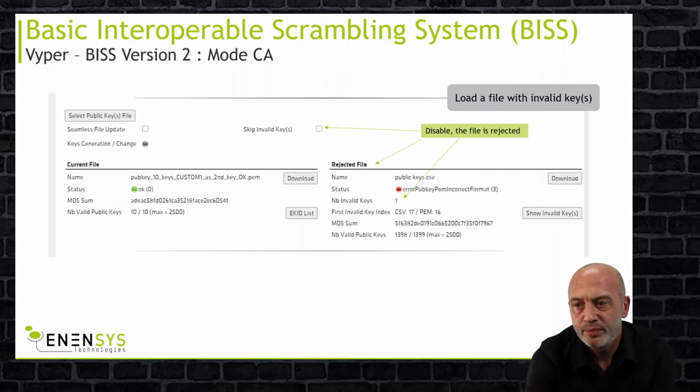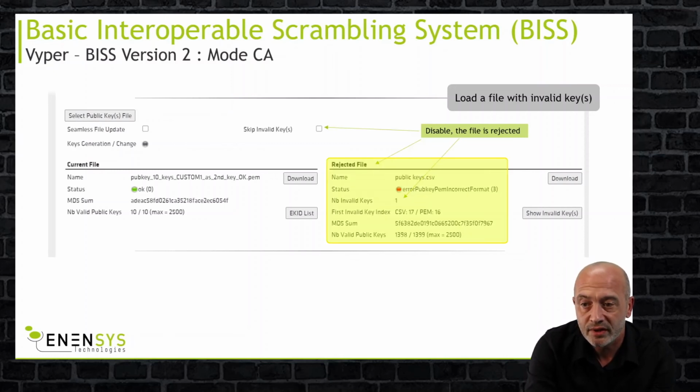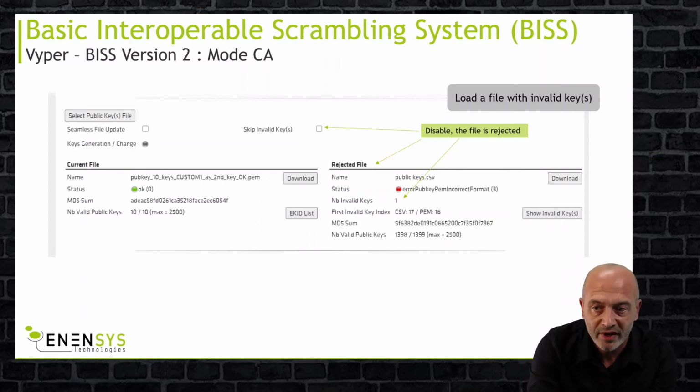Here is the first example of the skip invalid keys parameter. In this example, we are loading a file with one error inside, but we disable the skip invalid keys parameter. In this case, as you can see on the screen, the file is rejected, and we are showing that one key is wrong, and we are giving the position of this wrong key inside the CSV file.